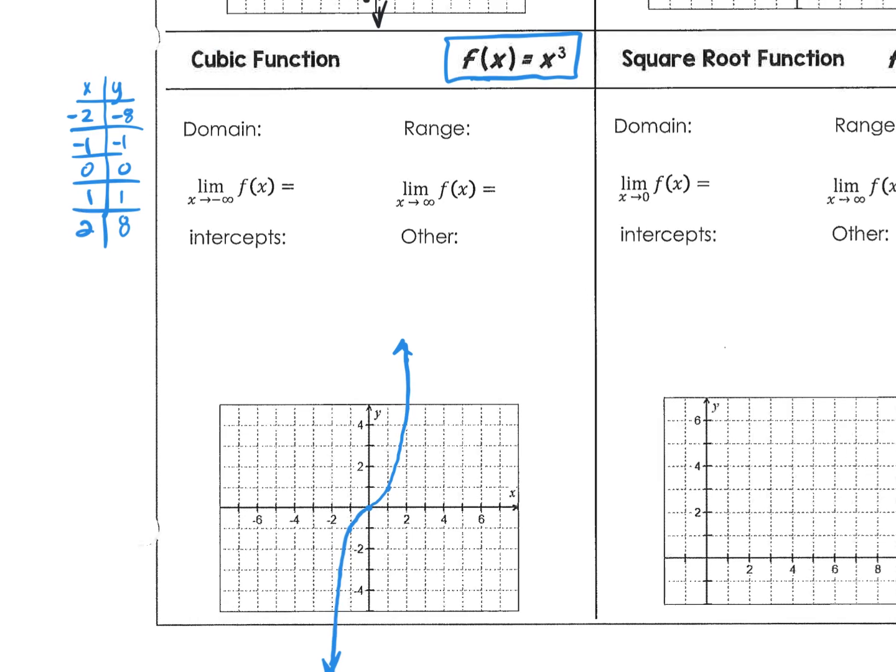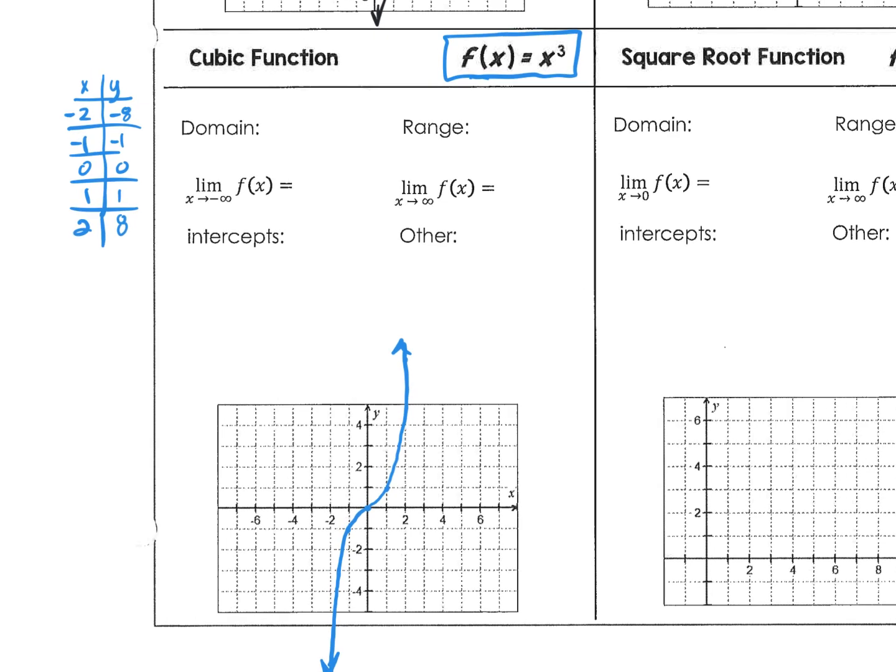All right. So now, what is the domain of this function? All real numbers. What is the range of this function? Since it goes down and up forever, the range is all real numbers.